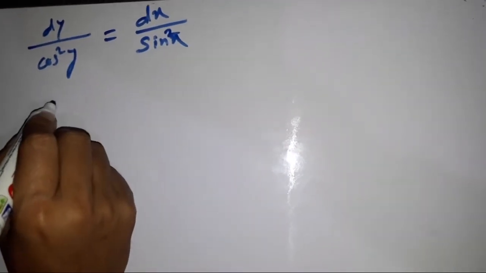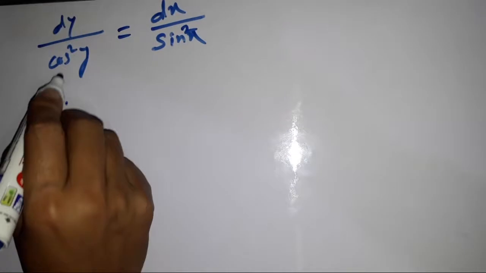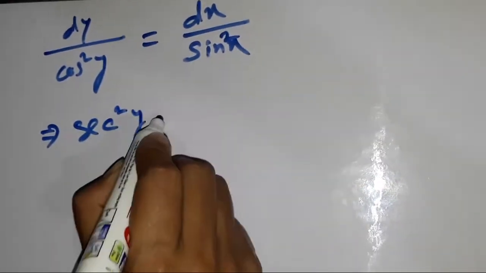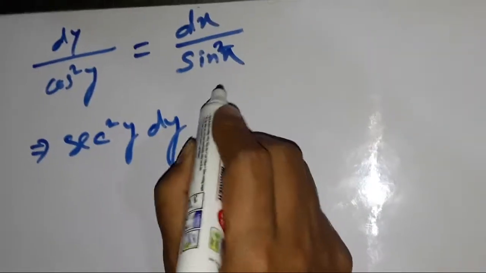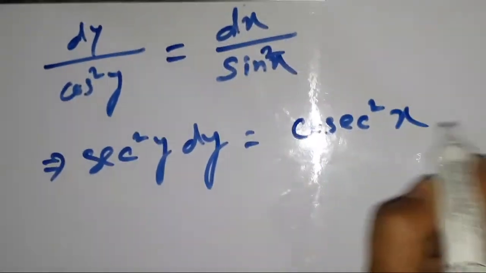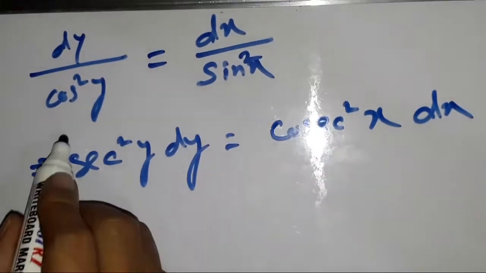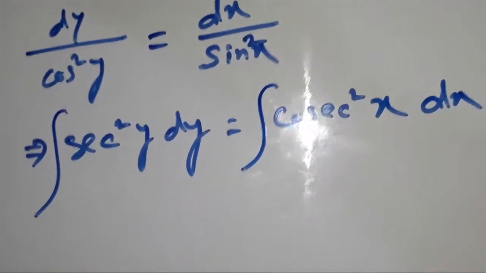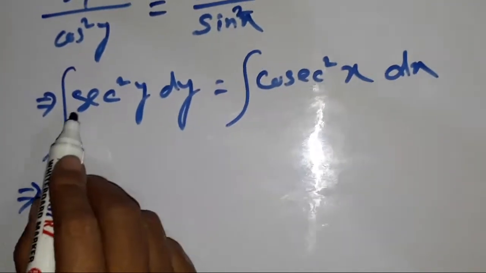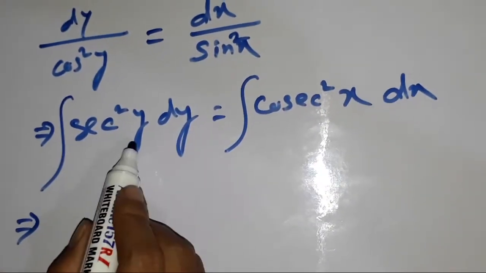So we can write 1 by cos² means sec² y dy, and 1 by sin² means cosec² x dx. Now taking integration on both sides to find out the solution.